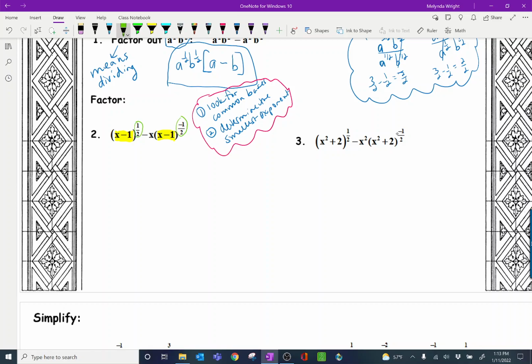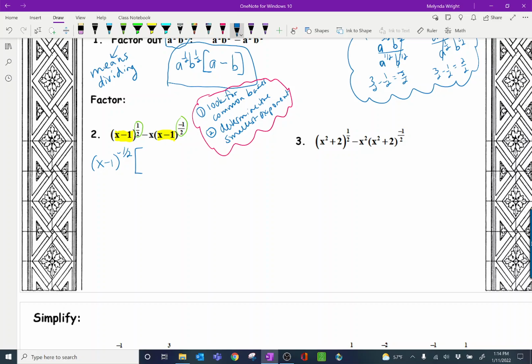Which one is smaller? Well, negative 1/2 is smaller than a positive 1/2. So we did step 1, we looked for a common base, x minus 1, and then we determined the smallest exponent, which is negative 1/2. So we're going to factor out the x minus 1 to the negative 1/2.